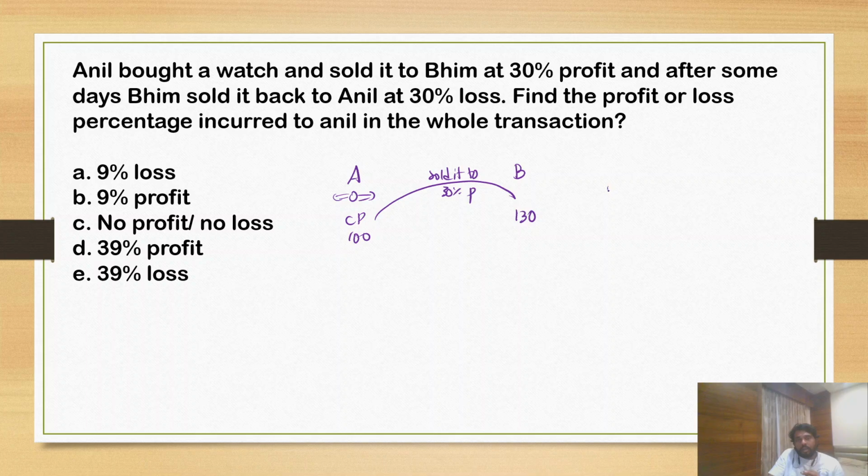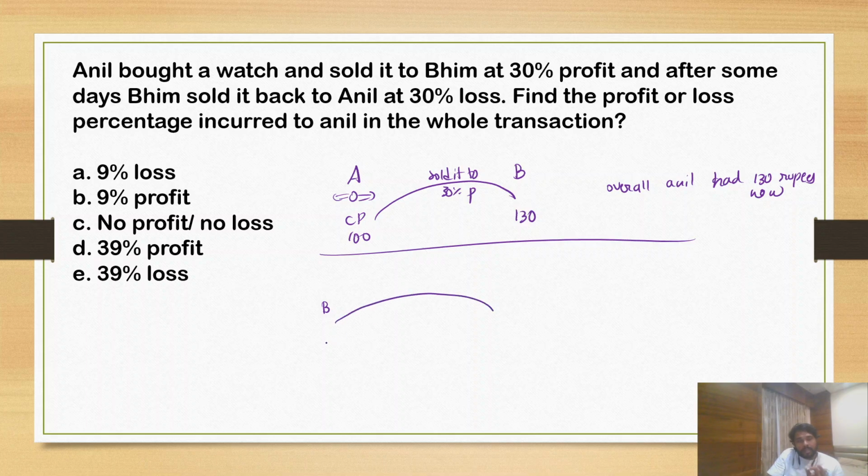So overall, Anil had 130 rupees with him. Now, later what happened? Beam bought it at 130 rupees and sold it to Anil at 30% loss. So what is 30% of 130?